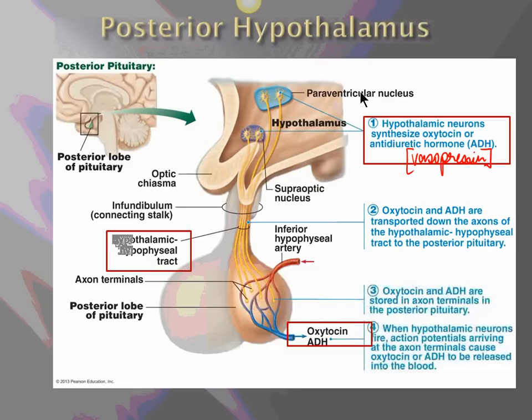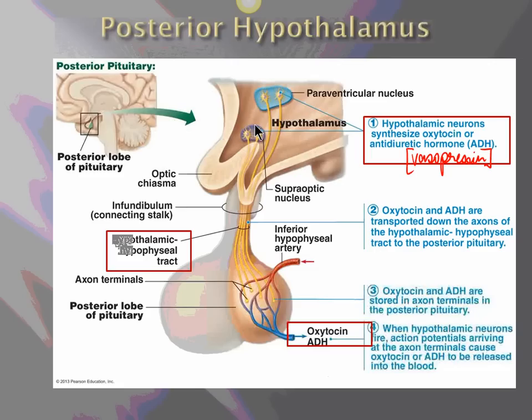So like nucleus was a collection of nerve cell bodies, tract is a collection of axons. Because it connects the hypothalamus to the posterior pituitary, these axons are collectively called the hypothalamic hypophyseal tract, because another name for the pituitary is the hypophysis cerebri. Okay? So hypothalamic hypophyseal tract.